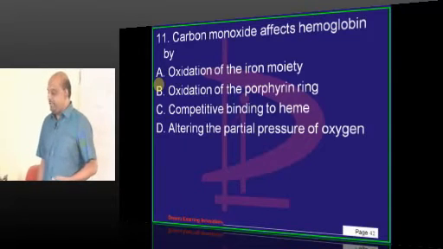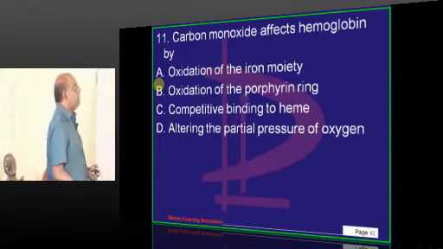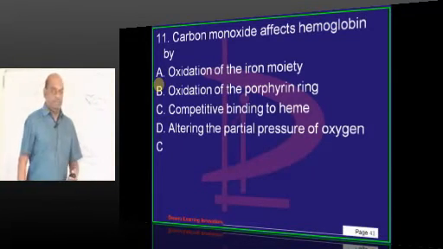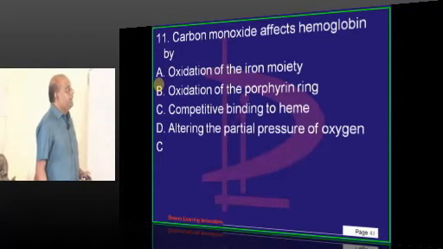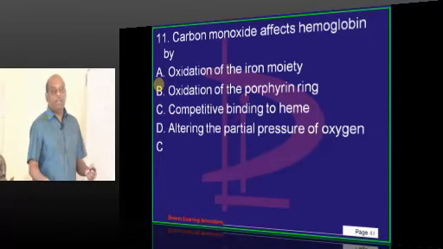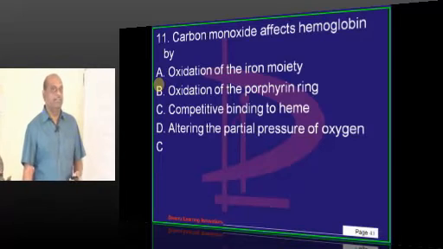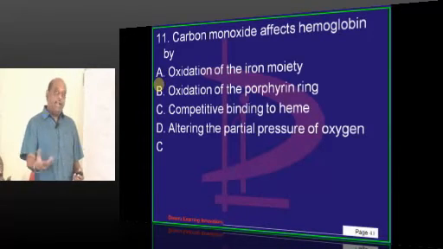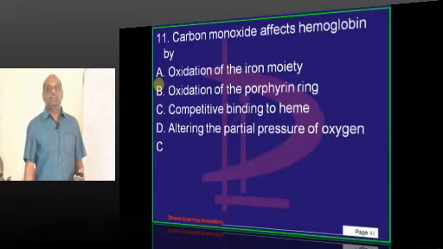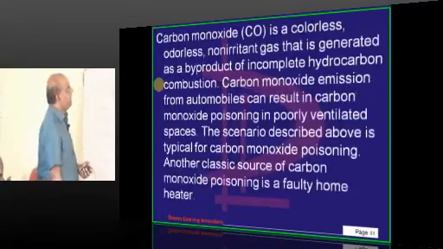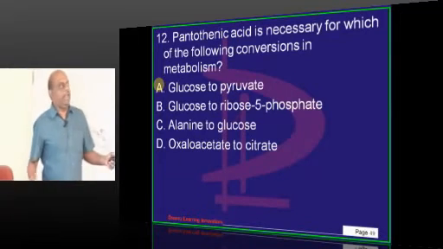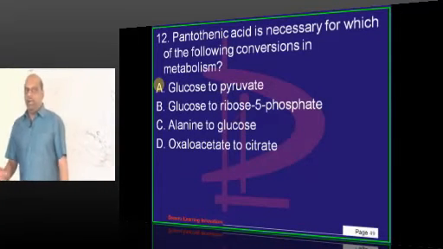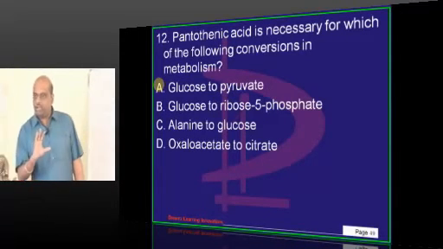Carbon monoxide, how will it affect the hemoglobin, doctor? Carbon monoxide will be competing for binding to the heme with a greater affinity than oxygen. So oxygen becomes outdated, obsolete, staled out. Now pantothenate, every vitamin is a coenzyme.